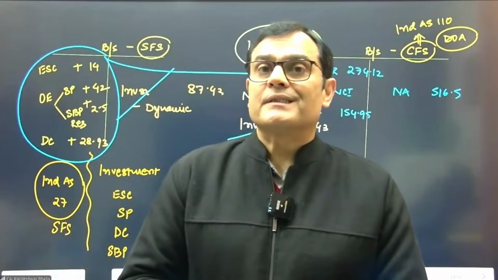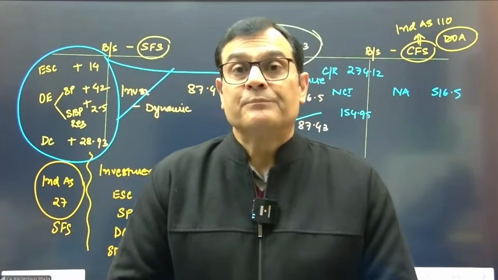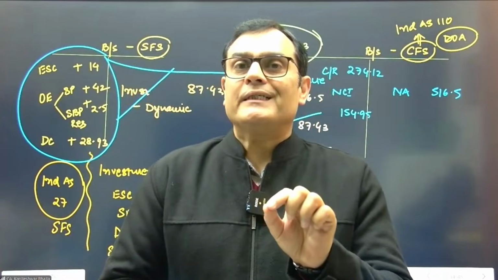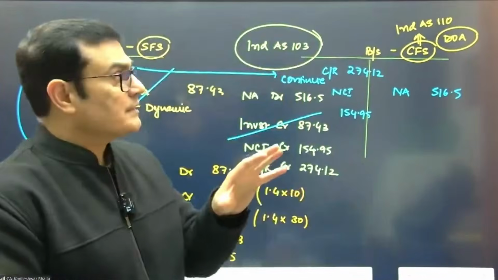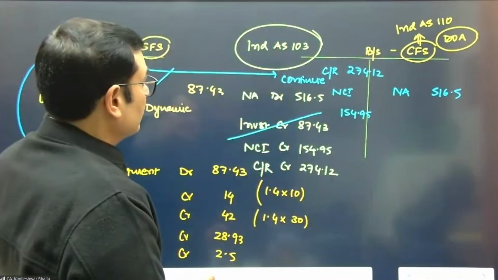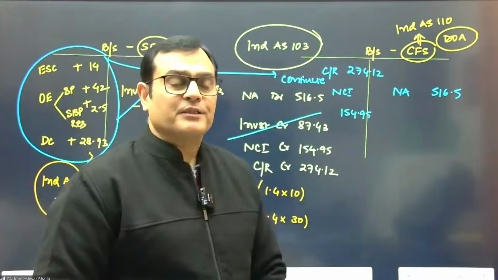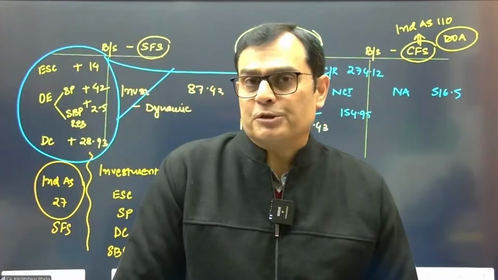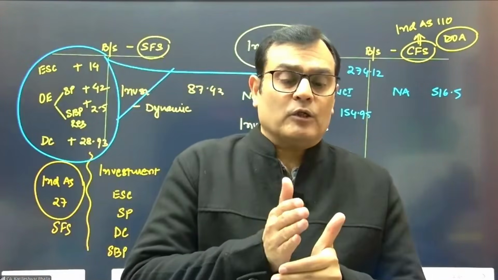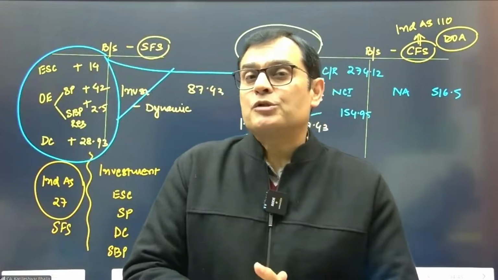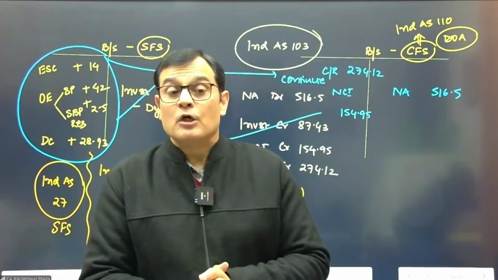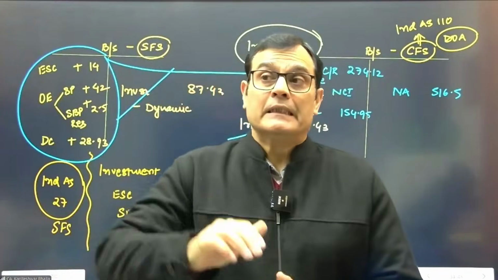In other words, we can say, what are we indirectly doing? Ind AS 103 is like a bridge between the separate and the consolidated financial statements on the date of acquisition. This entry of 103 is done on the acquisition date to produce the consolidated financial statements on the date of acquisition.